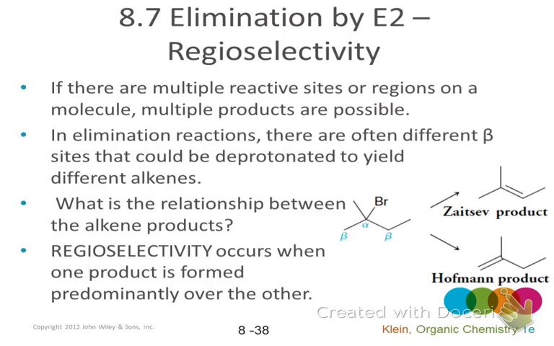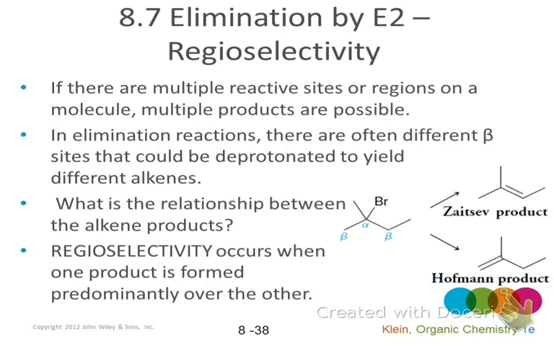So when you do an E2 elimination, you typically get the more highly substituted double bond versus the less highly substituted double bond. This is known as the Zaitsev elimination. And your book, which makes me partially crazy, likes to use the term Hofmann product for the less stable.